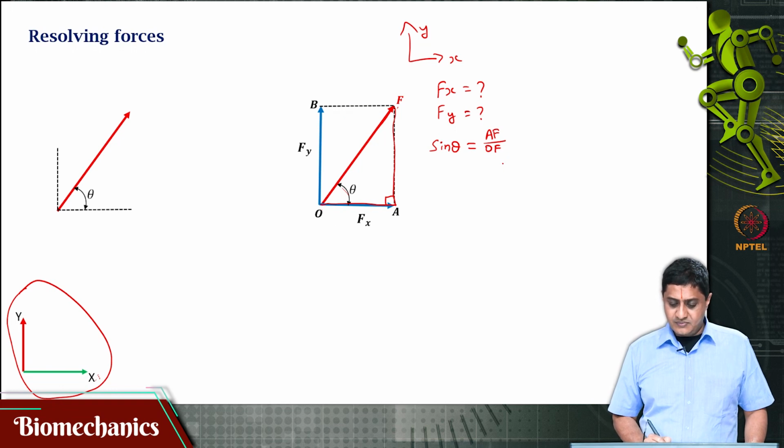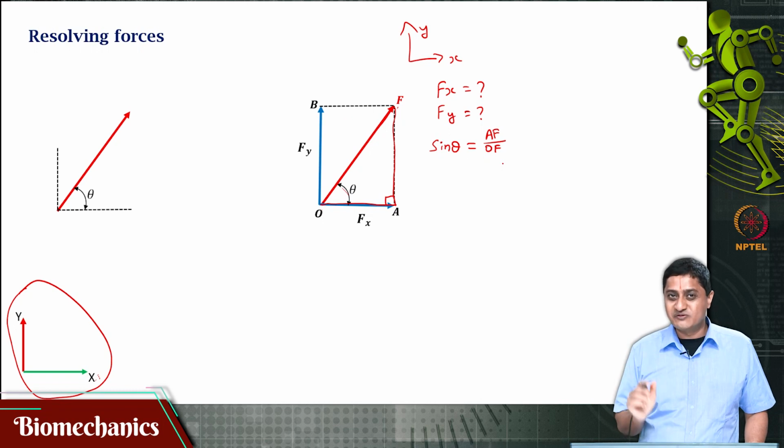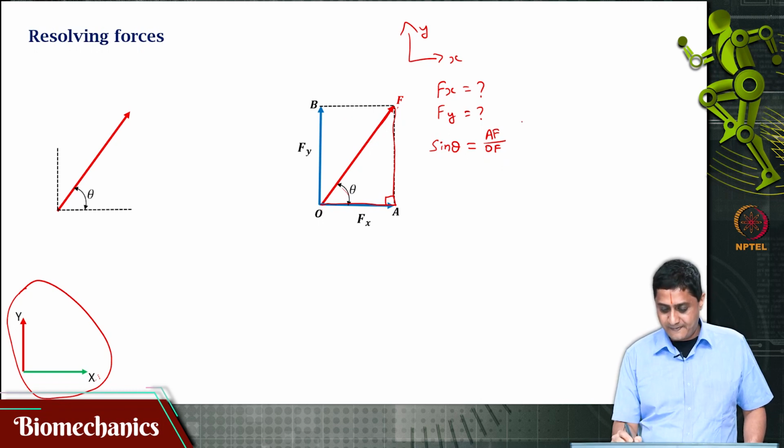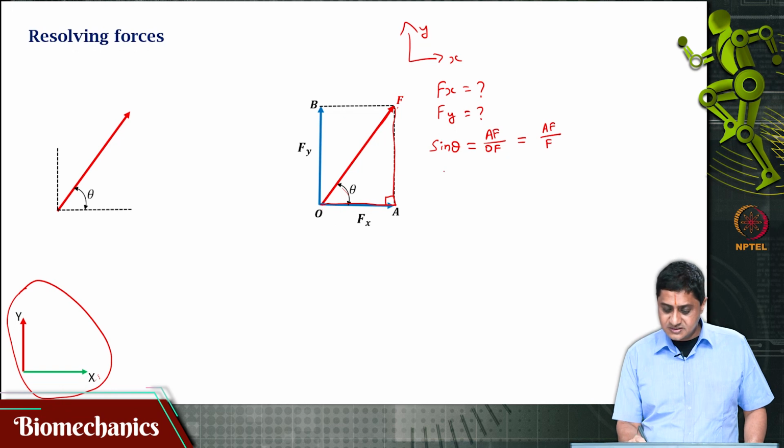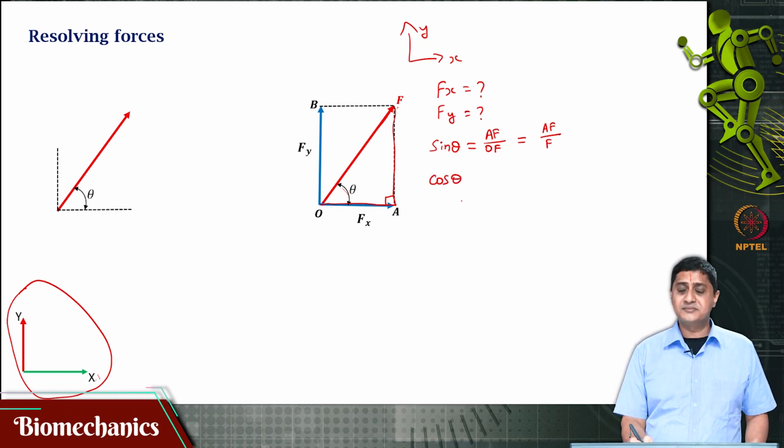But we know the value of OF, that is the magnitude of the force F, is it not? That is AF by F, the force in this case. Likewise, I am writing what is cos theta.